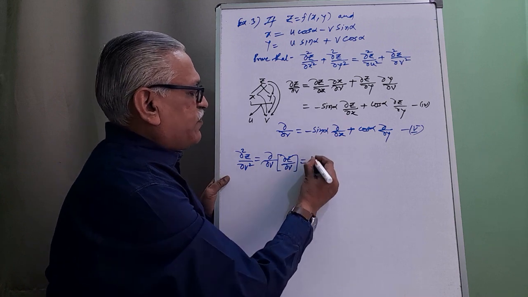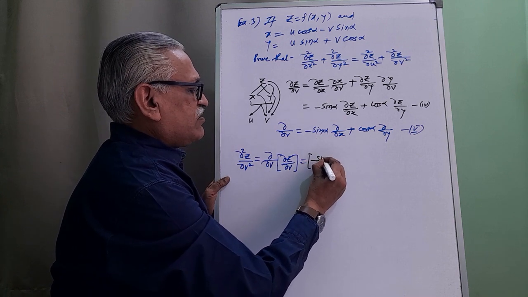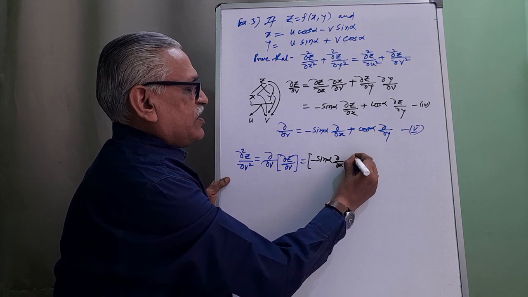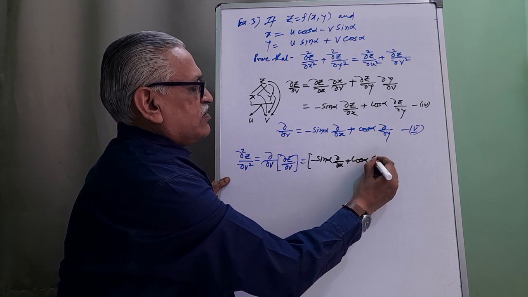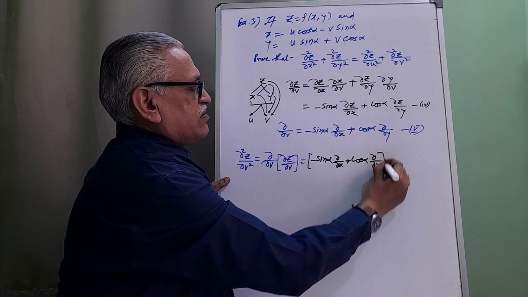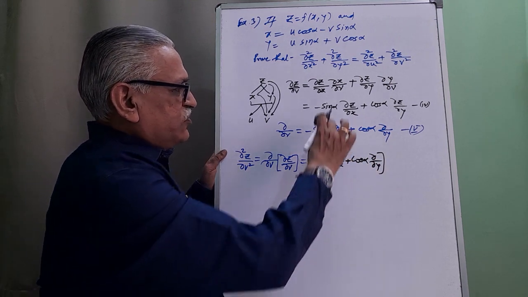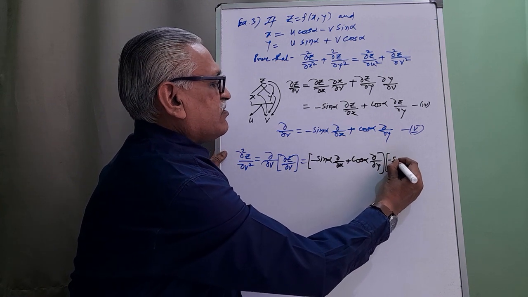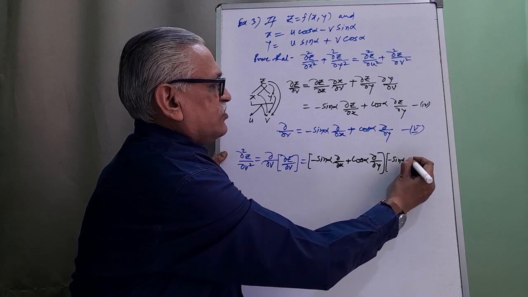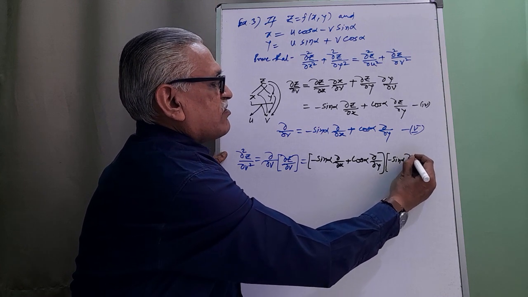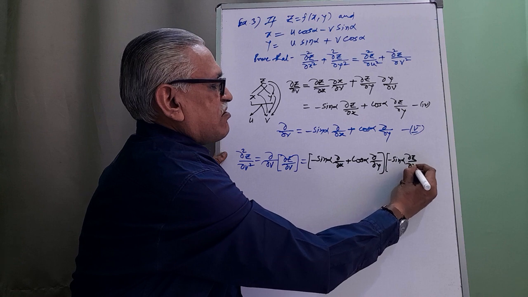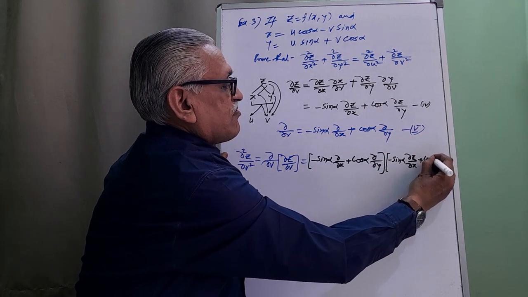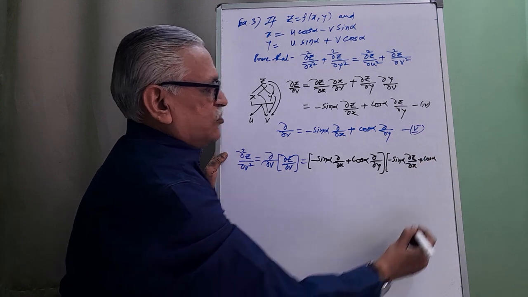∂/∂v, that operator, is minus sin alpha ∂/∂x plus cos alpha ∂/∂y, into this term, which is minus sin alpha ∂z/∂x plus cos alpha ∂z/∂y.